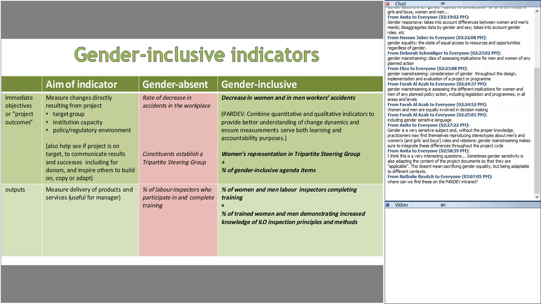Yes, we all understand this delicate trapeze line that we walk on vis-a-vis the local context. That doesn't mean sacrificing gender equality, but being adaptable to different contexts.